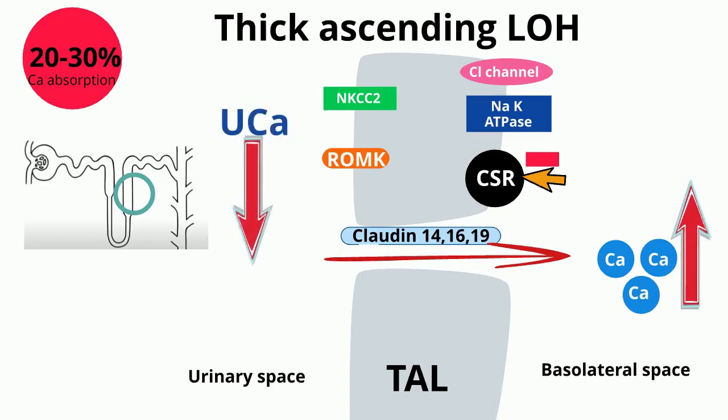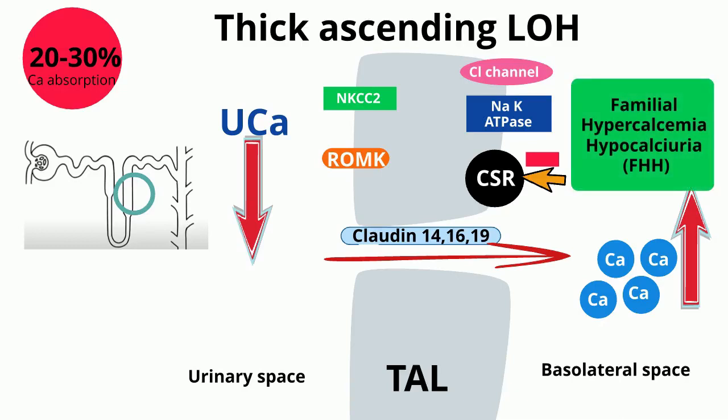Urinary calcium levels remain low in this state. These patients do not develop kidney stones. They actually have hypocalciuria and hypercalcemia. This is the syndrome of FHH, familial hypercalcemia, hypocalciuria. It's a genetic defect. It's an inactivating mutation of the calcium sensing receptor.